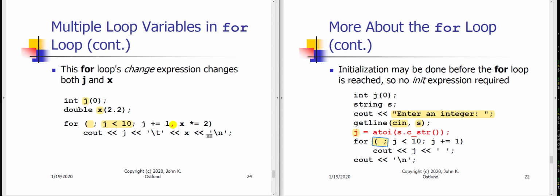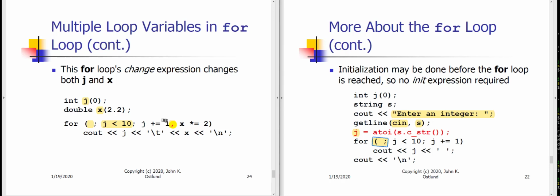Now, after I have performed the body, in the change expression, I want to do 2 things. I want to increment j from 0 to 1. I also want to multiply x by 2. And I can do that by sticking a comma in between those 2 expressions.